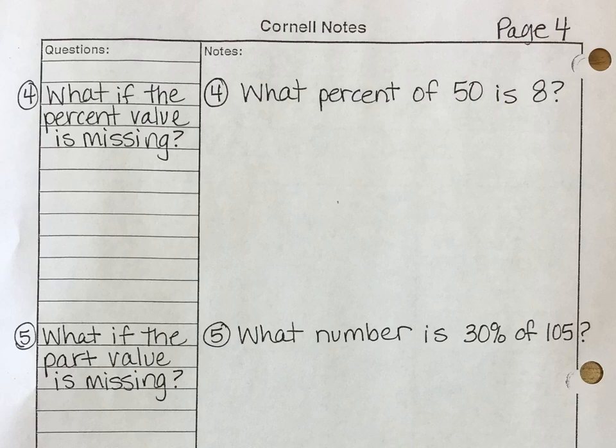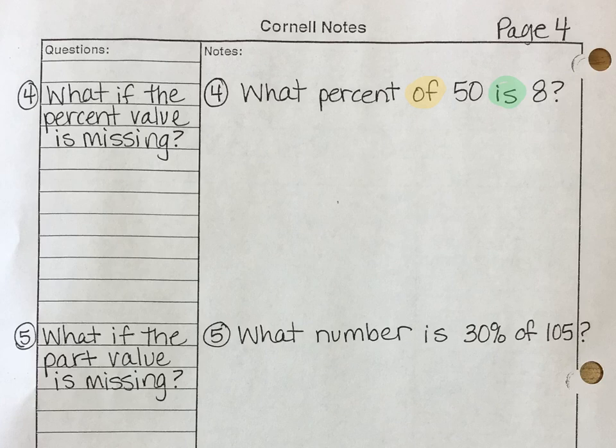Question 4 asks, what if the percent value is missing? So take a look at the example. What percent of 50 is 8? Let's go back to your highlighter and remember that the word of right here means to multiply. And the word is right here means is equal to.